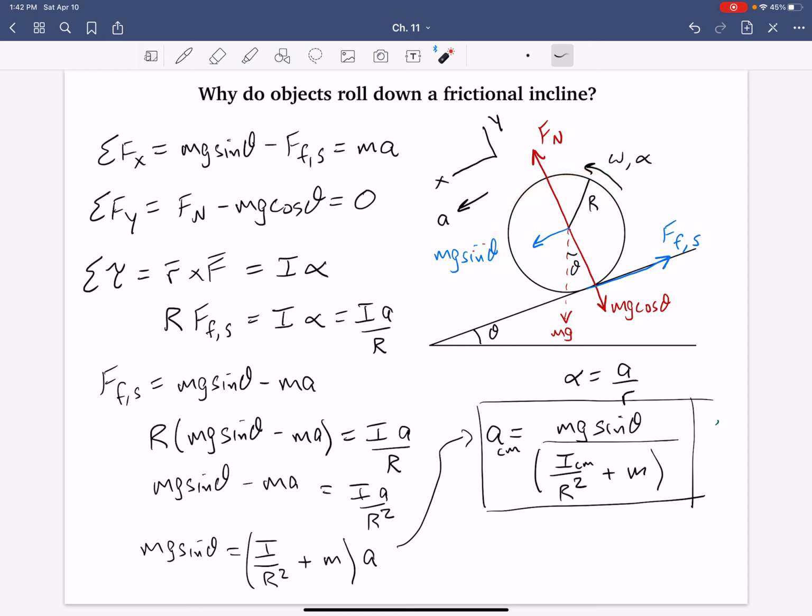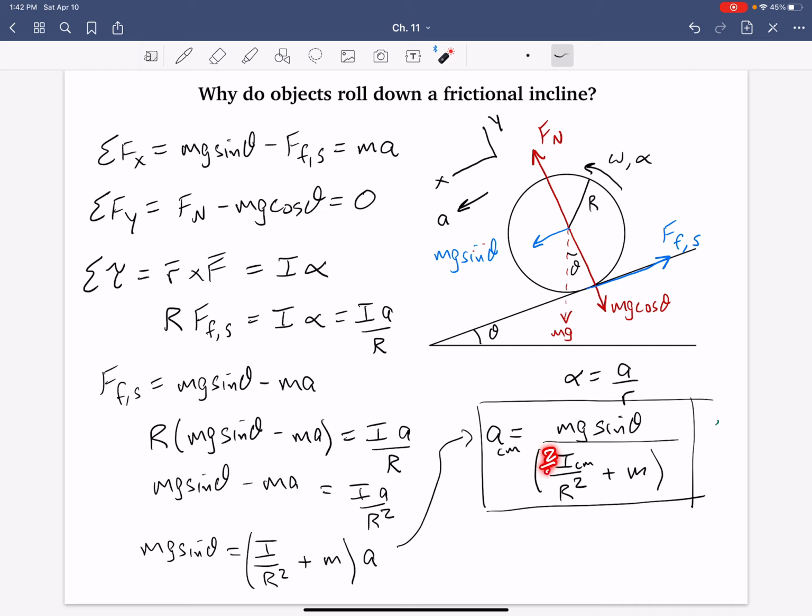Compare that to a solid sphere, which is 2/5 mr squared. So 1 compared to 2/5, 2/5 is smaller than 1. So if we decrease a number down here, we decrease the rate of acceleration, right?